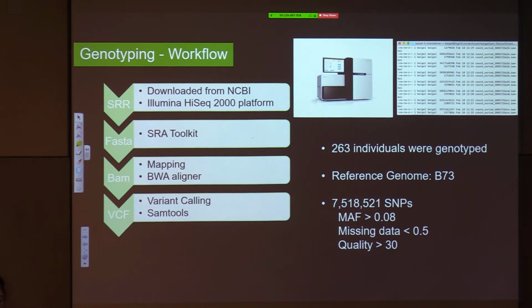After genotyping 263 inbred lines against the reference genome B73, about 7 million SNP markers were collected. Under strict filtering thresholds, like minor allele frequency 0.08, missing data 0.5, and quality score 30, there are still a large number of SNP markers remaining.